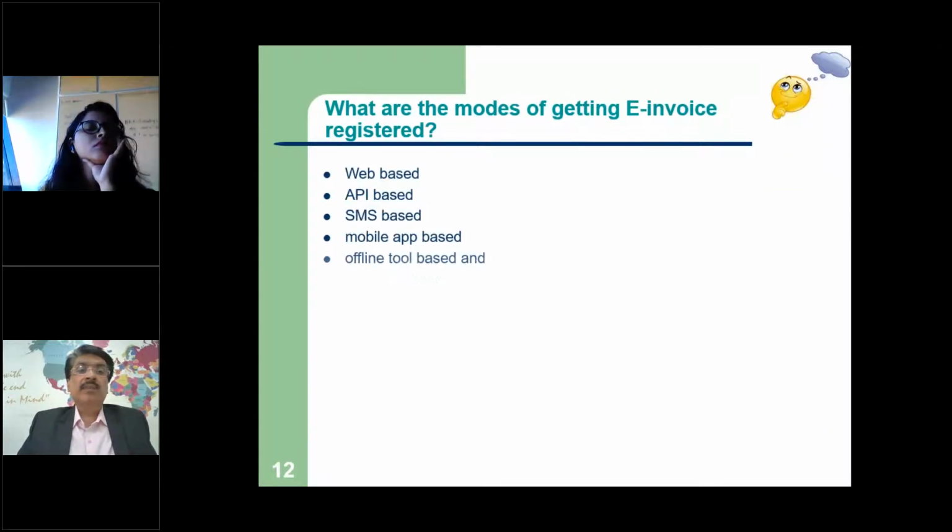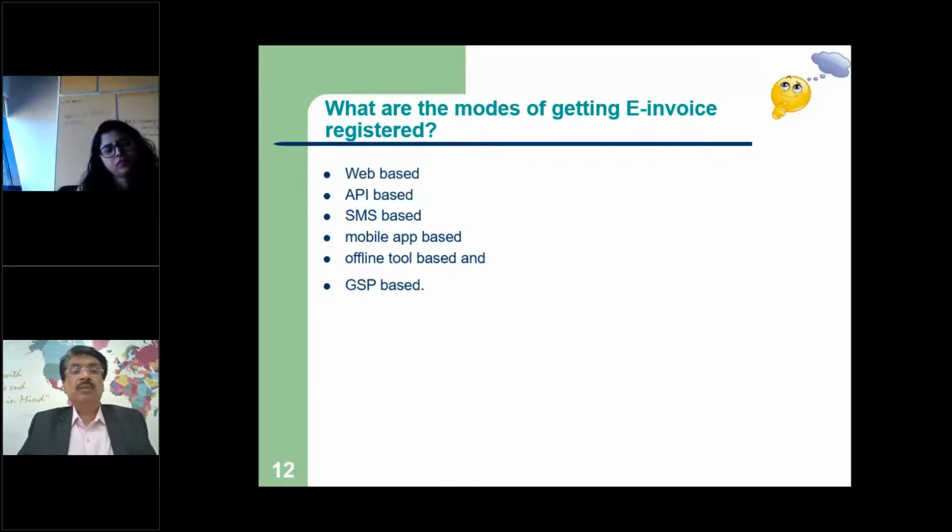Well, then the various modes are given. It is web-based on the portal, or it can be through an API, application programming interface. So the invoice can be generated through API-based data, SMS-based, mobile app-based. Government is trying to come out with that. Let's see how the invoice will be generated on that.